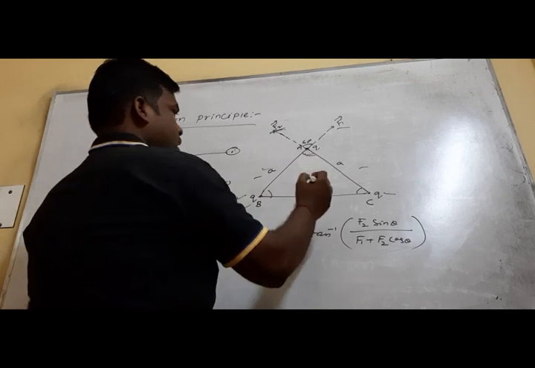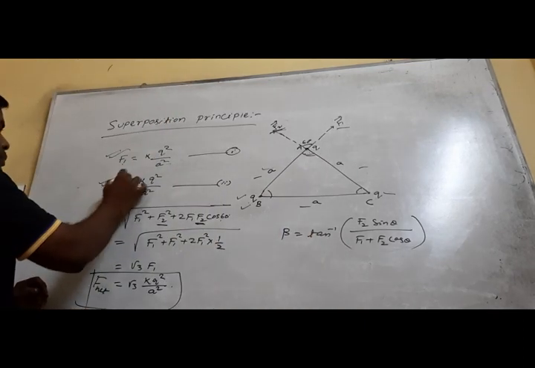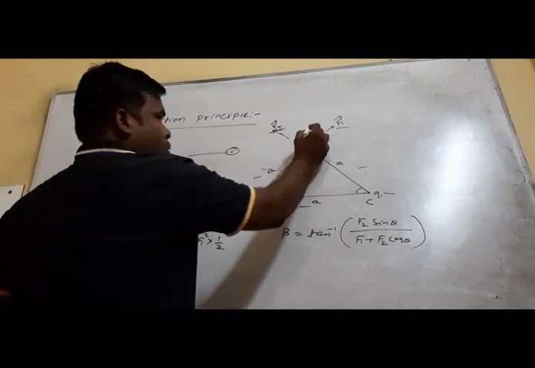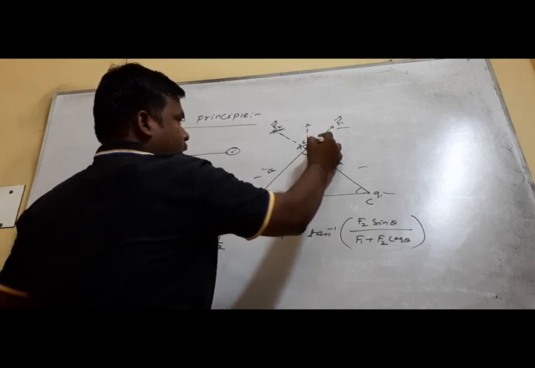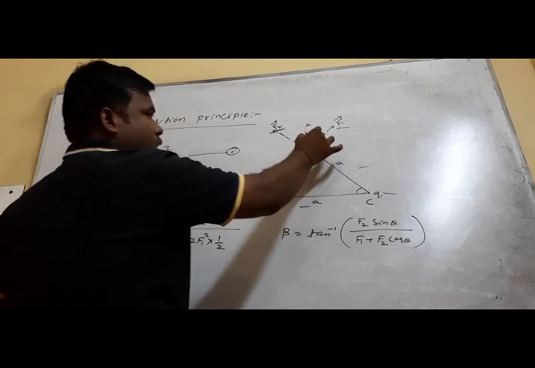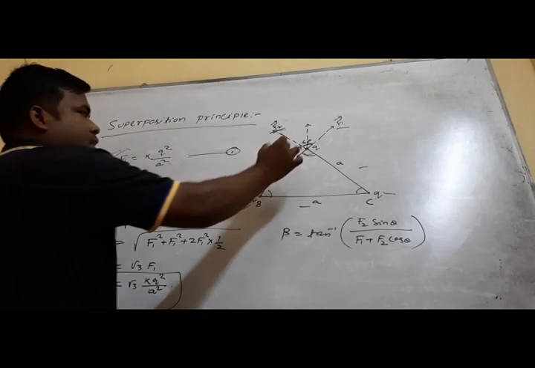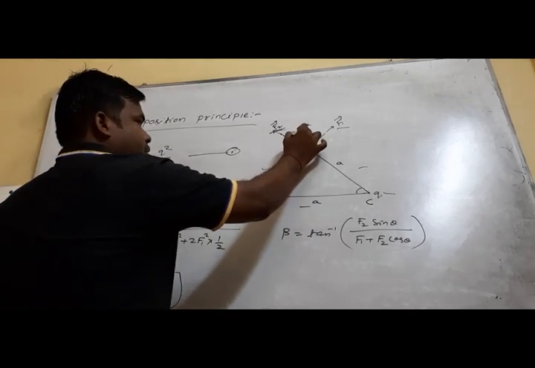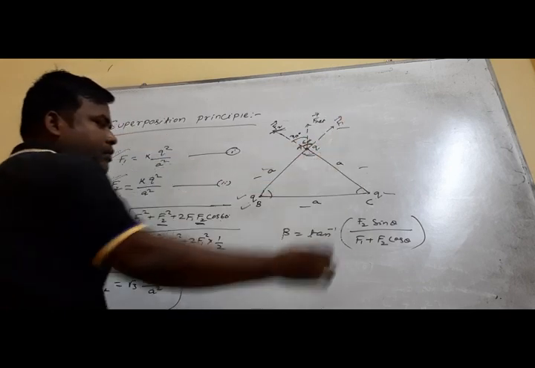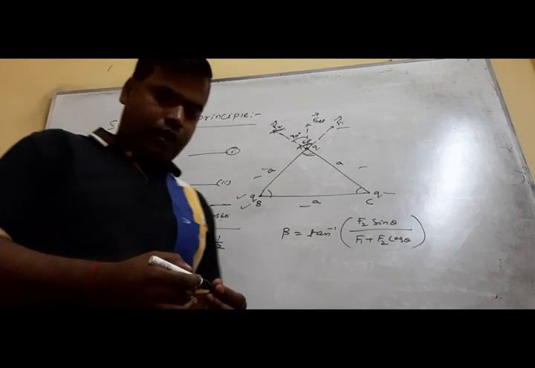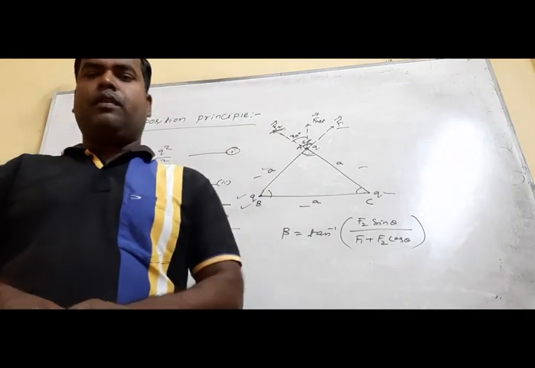That means here F1 magnitude is F2 magnitude, so the resultant force acts in a direction which divides the total angle into two equal parts, meaning it is 30 degrees. It is the direction of F net. It is all about the superposition principle.